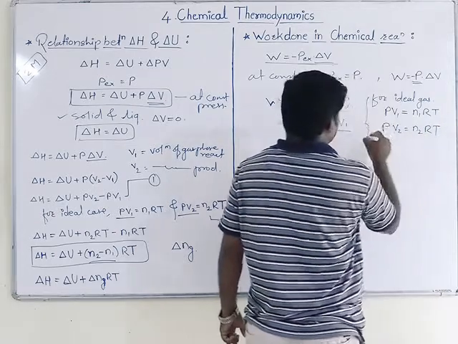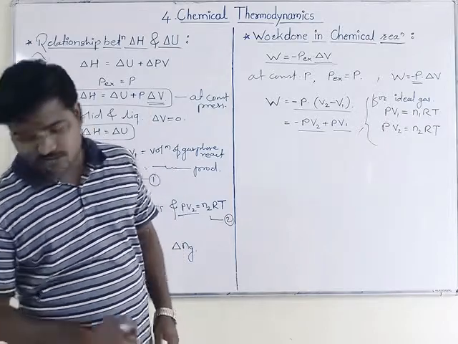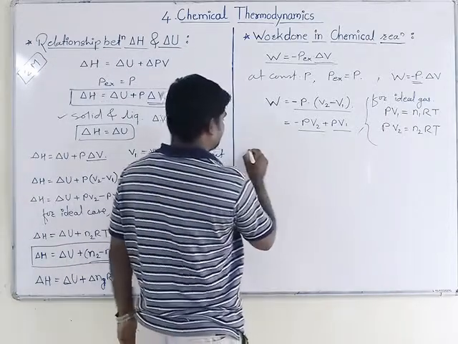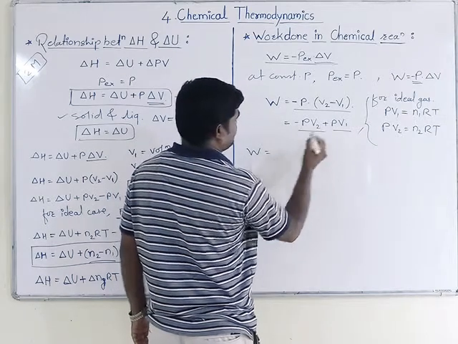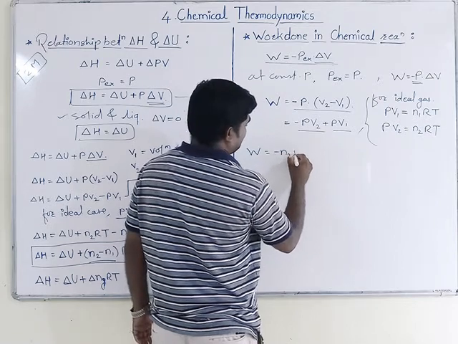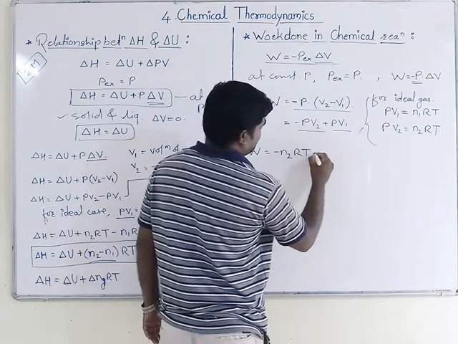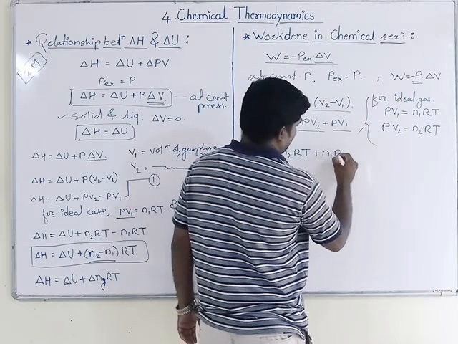Now these terms I have to put in this equation. Then you will get the work done like this: W is equal to, instead of PV2, you have to substitute minus N2RT plus N1RT.